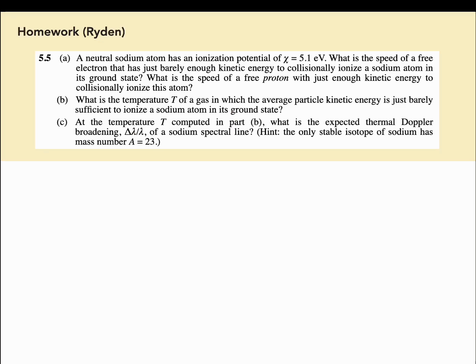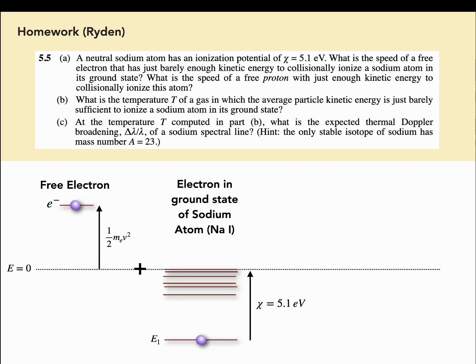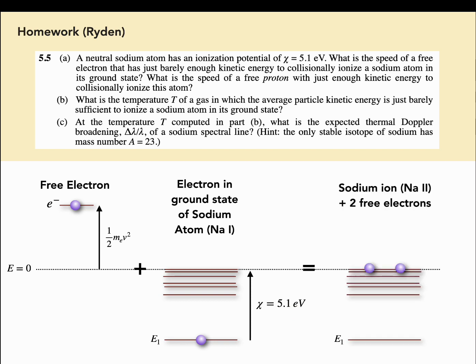Okay, so here's a homework problem. We can kind of draw a little diagram. We have a free electron coming along with a certain amount of kinetic energy. It bumps into a sodium atom that has an electron in its ground state with ionization potential of 5.1 electron volts. And so after this electron ionizes the sodium atom, we'll have two electrons left over, one the original electron and the other one that was bound to the sodium atom.